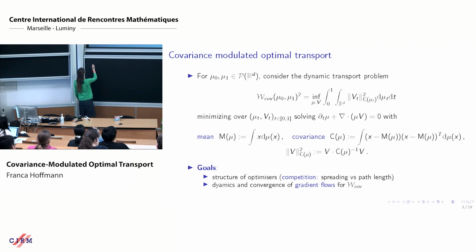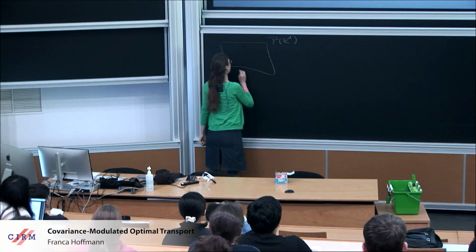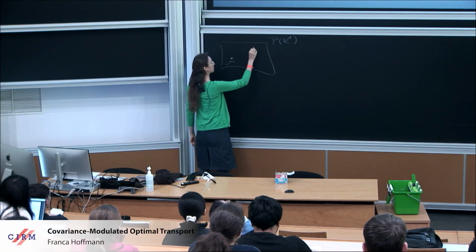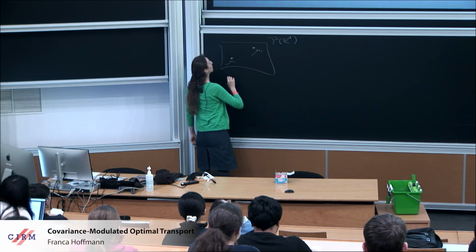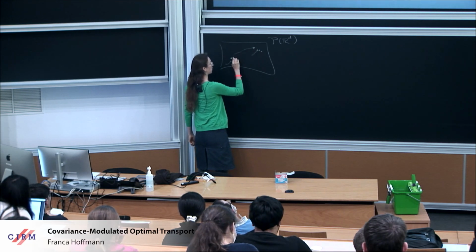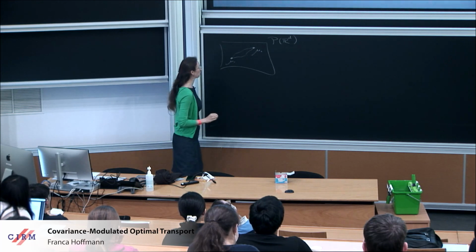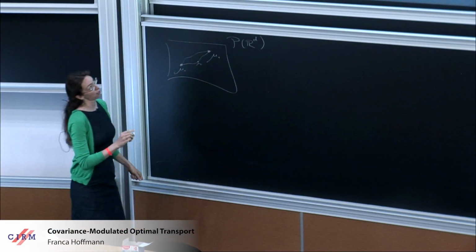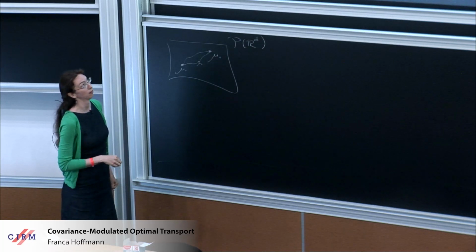So this is my probability space here, let's say just on R^d. And then I have some point in this space, which is mu0, and some other point, which is mu1. And now you're looking at all the possible paths of how you can connect these two. Then you're trying to find the path which actually minimizes this kinetic energy.